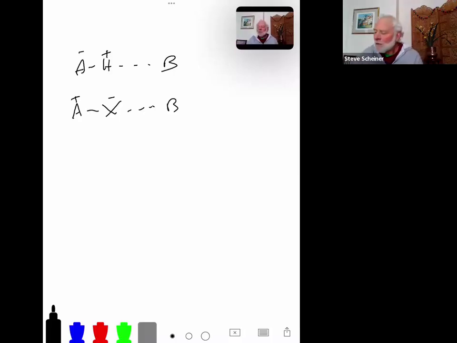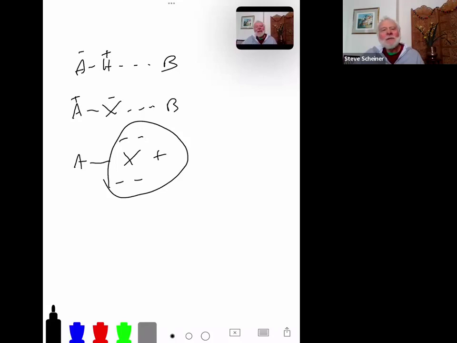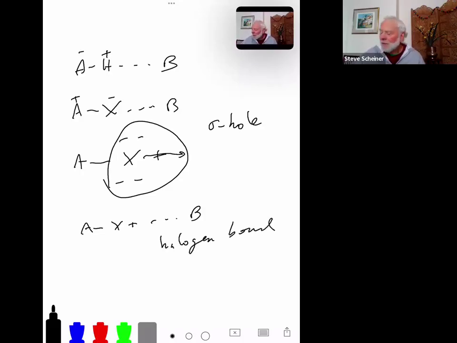But it turns out, if you look at the electron distribution, it looks like that around the X. It's negative to the sides and positive that way. This is called a sigma hole. So because the X has a positive region there, it can form a hydrogen bond to a base.